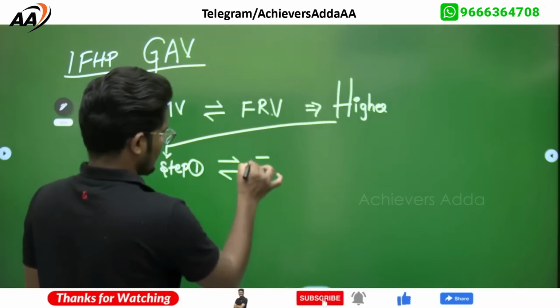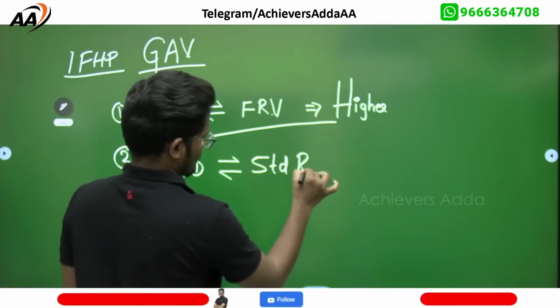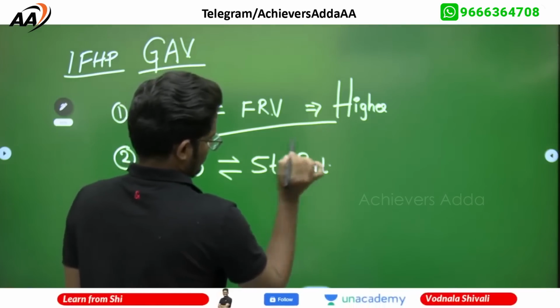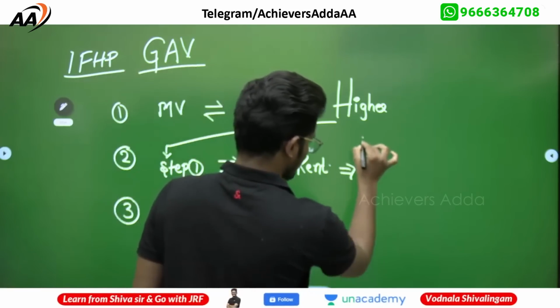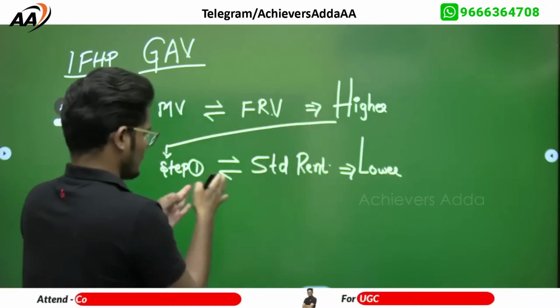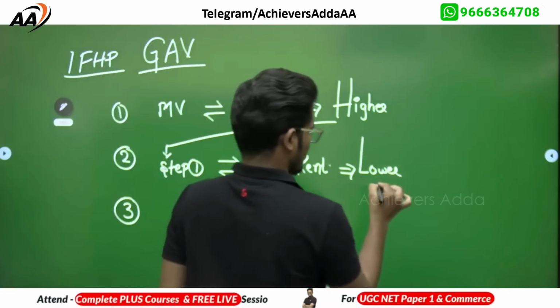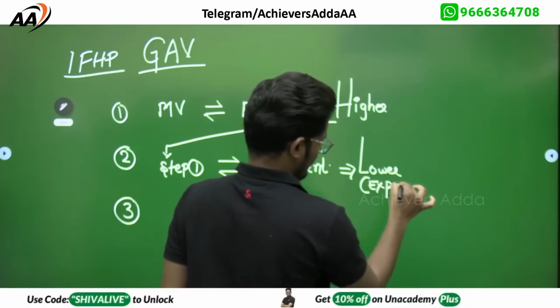Then take whichever is lower out of this step number 1 outcome and standard rent.